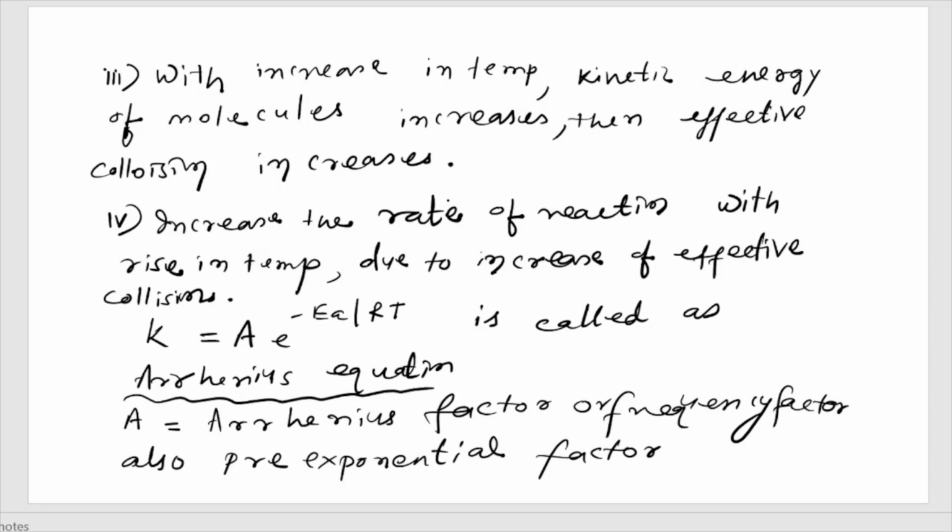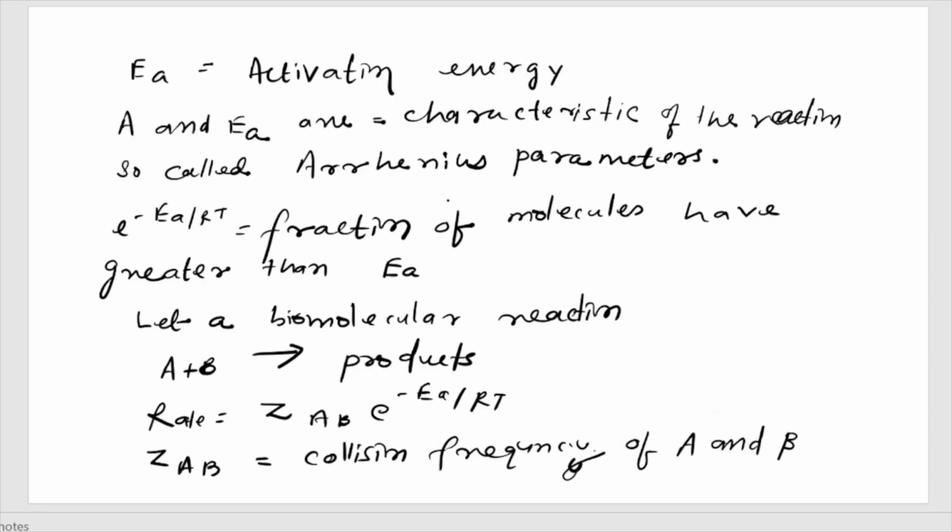I also explained it in class part 7. A is the Arrhenius factor, also called the frequency factor or pre-exponential factor, and Ea is the activation energy. A and Ea are important characteristics of the reaction.